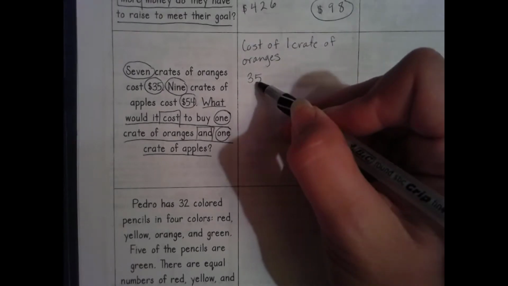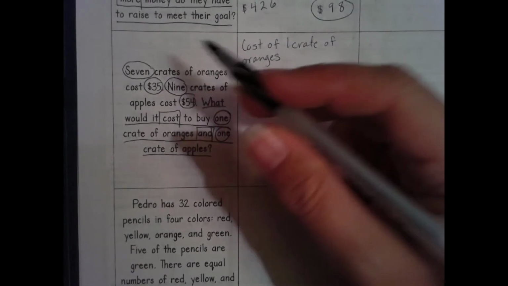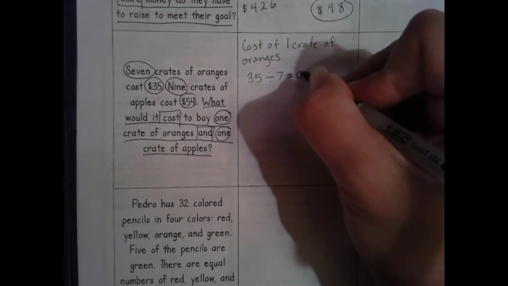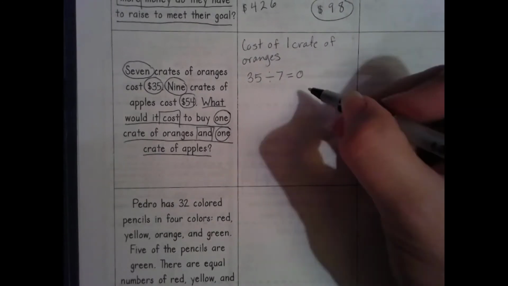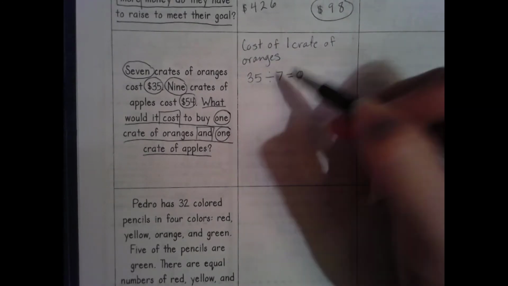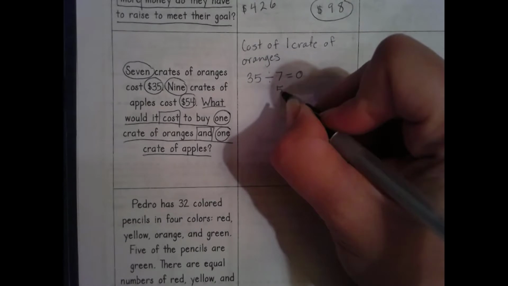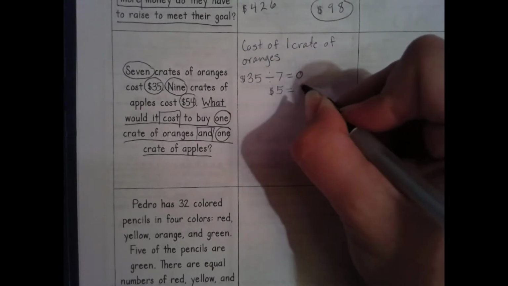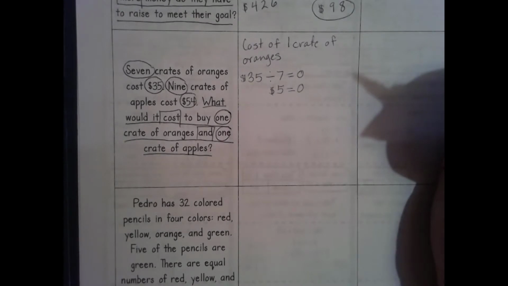So since I know the total, I'm going to either subtract or divide. Since they're equal groups, I'm going to divide. So how much is just 1 crate of oranges? Well, 35 divided by 7 is 5. So 1 crate of oranges is $5.